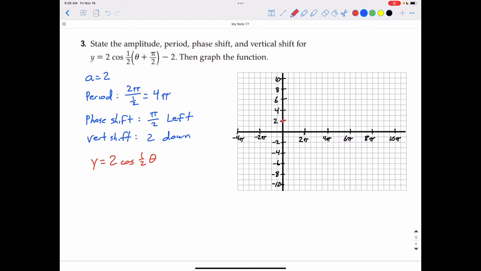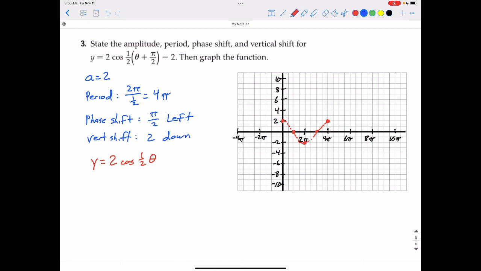And since we have a period of 4 pi, it ends at 4 pi, which is right there. The low point will be halfway between those at -2. And then it'll hit intercepts halfway between those points. So this gives us one full period of the cosine function without being shifted, but let's shift that now.